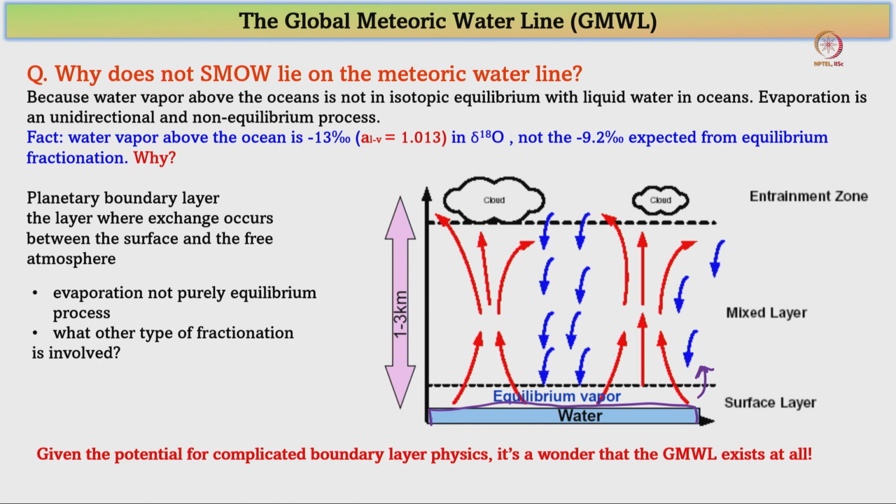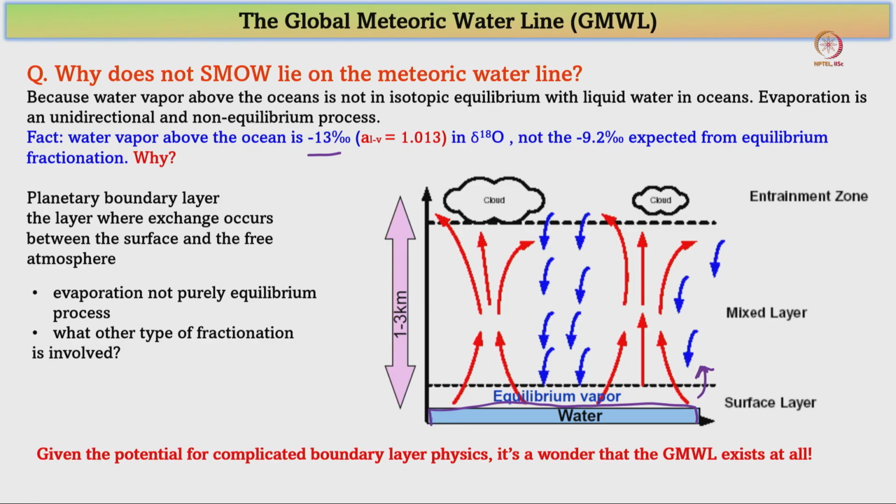So, the water vapor above the ocean has a composition of minus 13 parts per mil, okay, in delta 18O. And if it would have been an equilibrium fractionation, that means the vapor and the water are continuously exchanging isotopes.